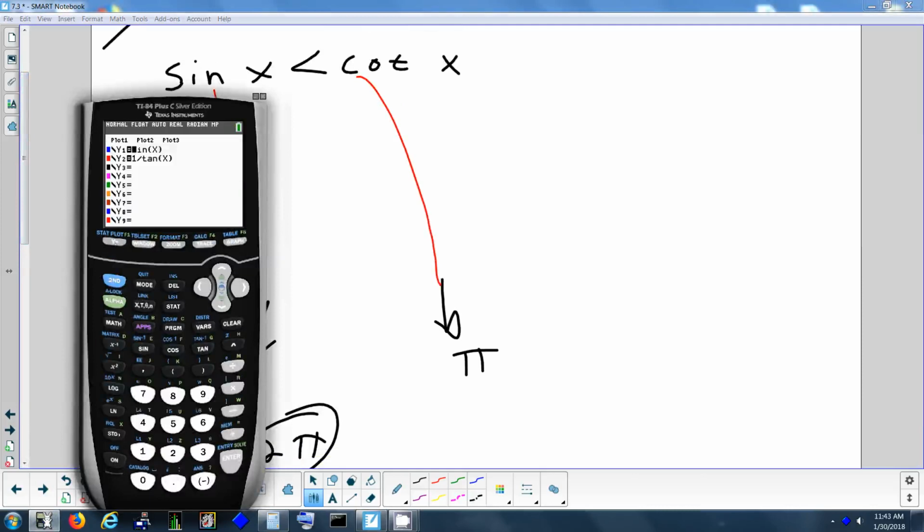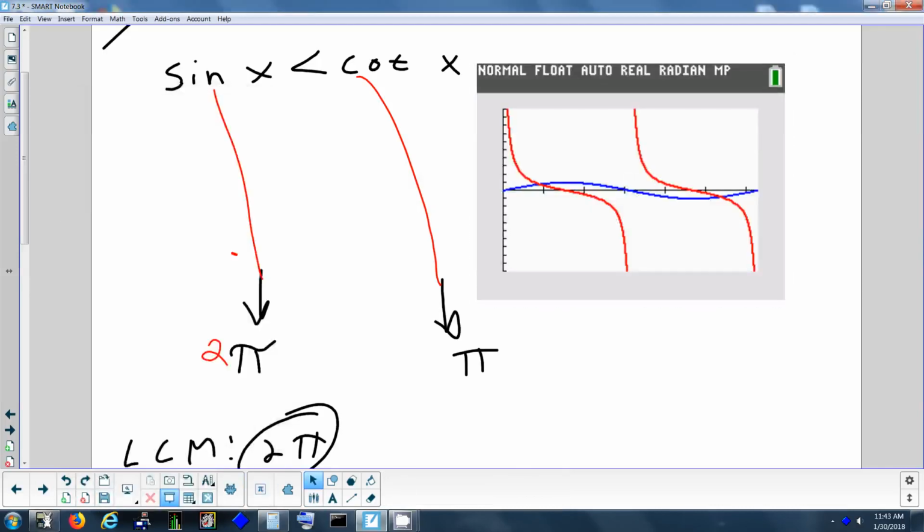We're looking for where the blue graph is under the red graph. Let's mark the endpoints and the intersections. Let's call those points A, B, C, and D. Are there any questions on how you would find B or C on the calculator? Then I'm just going to call them B and C.